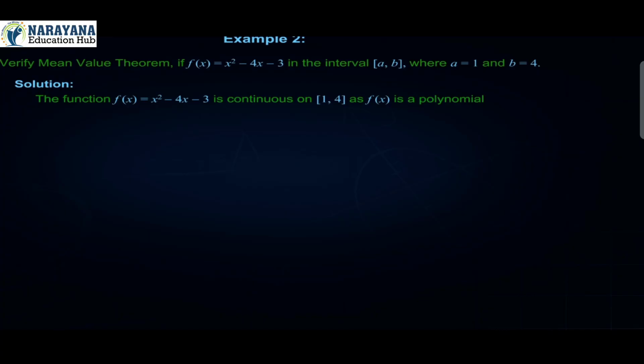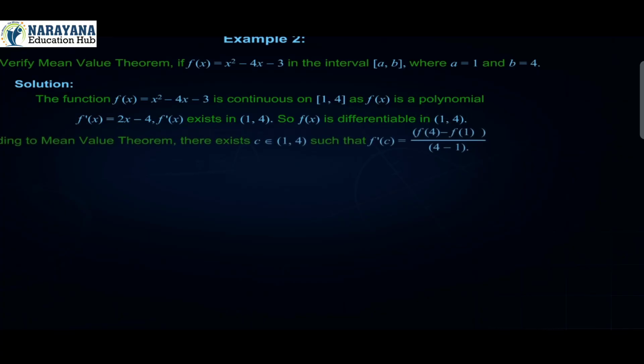As f(x) is a polynomial, f'(x) = 2x - 4. f'(x) exists in the open interval (1, 4).